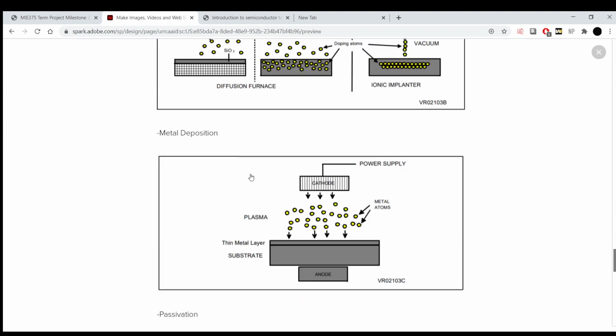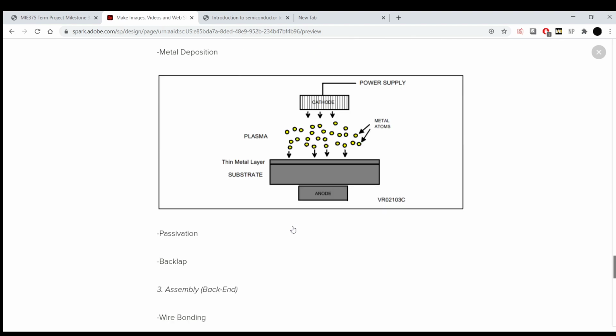Moving on, the metal deposition. Metal deposition is where we actually put our wires and whatnot into our semiconductor. This is done many ways as well, like before. We can melt the metals and condense them where we want them to condense, or we can use a cathode or an anode to again sort of do the same thing that we did with melting them.